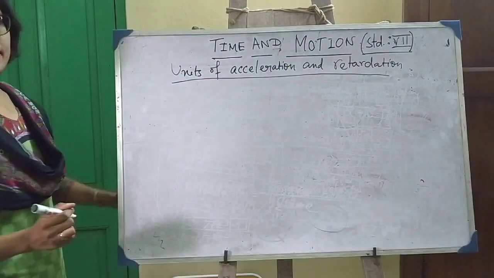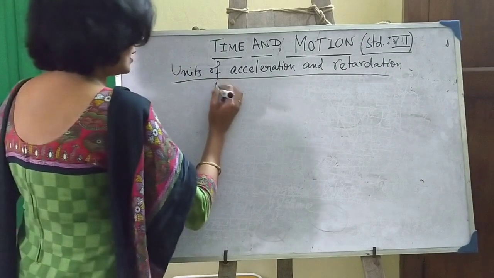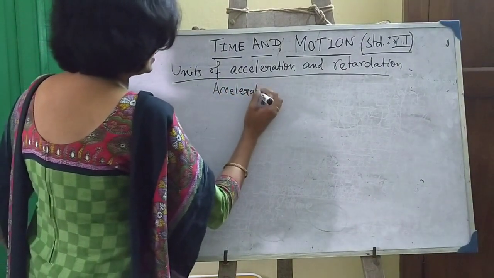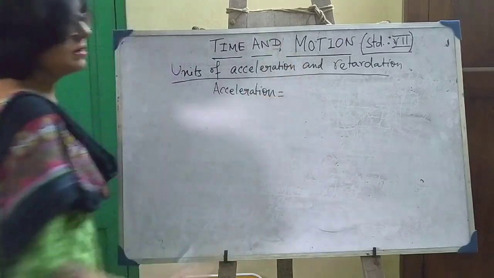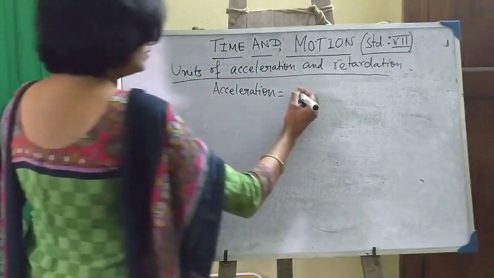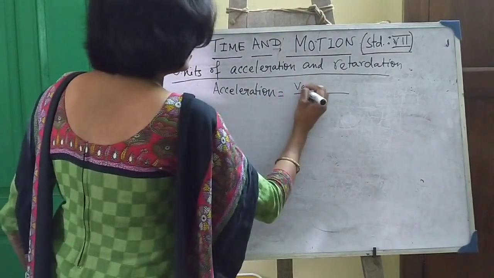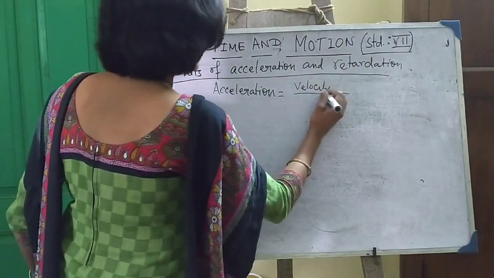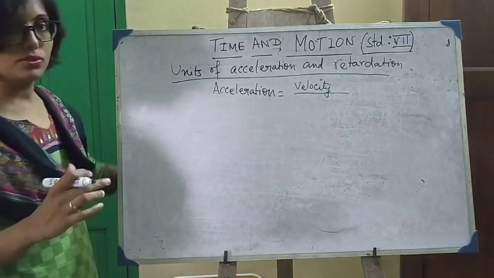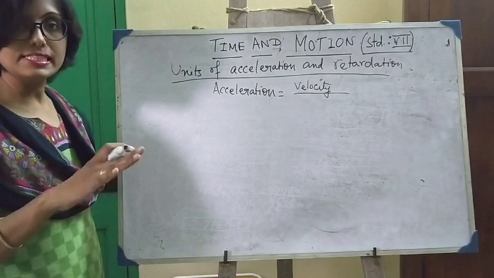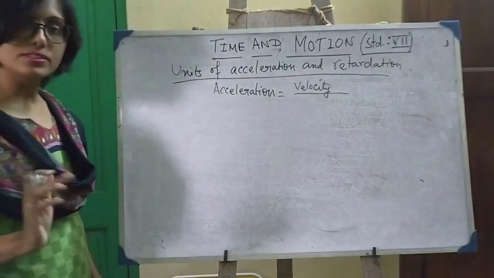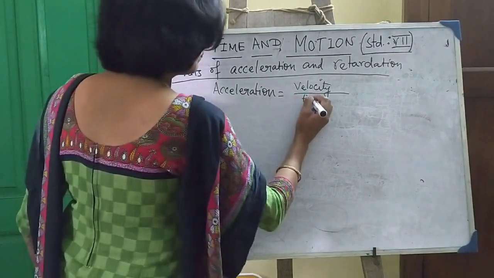So what is acceleration? We had already done that acceleration is nothing but increase in velocity divided by time. So in the numerator, velocity is there. Increase in velocity means the unit of increase in velocity is the same as the unit of velocity. So in the numerator we can write velocity divided by time.